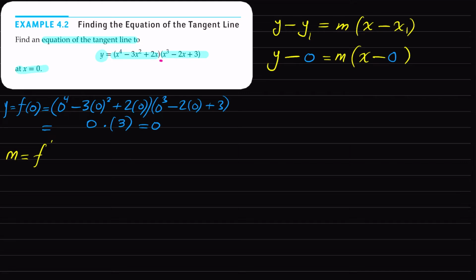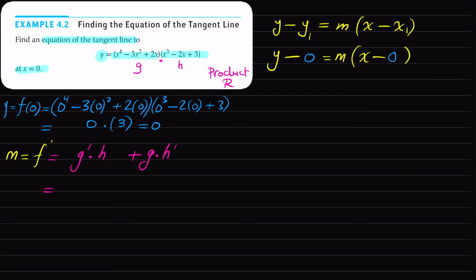So let's call this g and this h. There is a multiplication between them, so we will apply the product rule. It is equal to g prime, the derivative of the first function, times h without doing anything to the second one, plus keep the first multiplied by the derivative of the second.